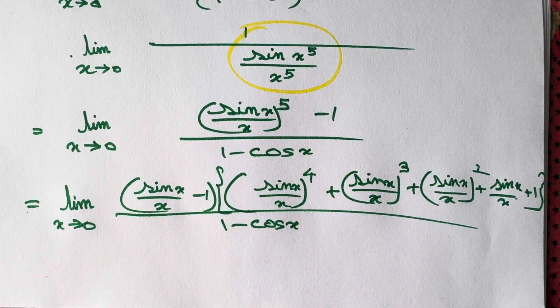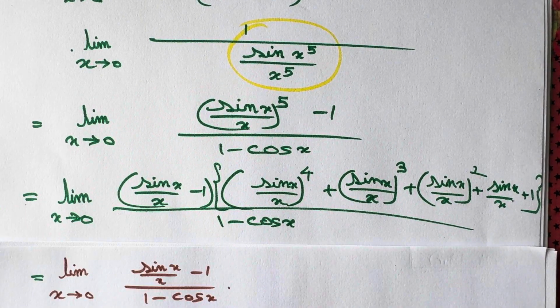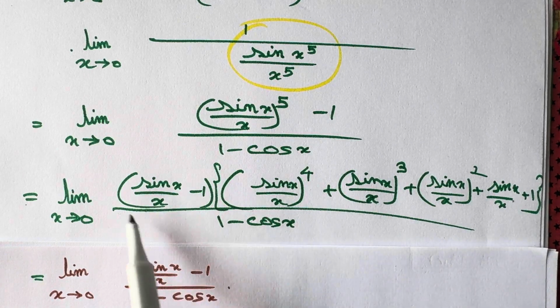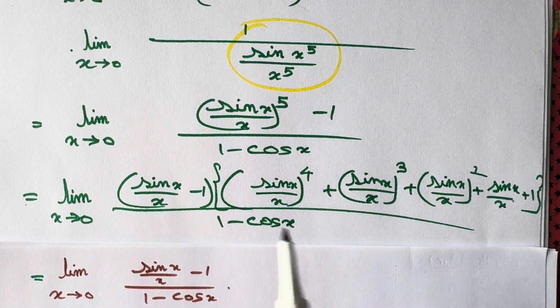Once again we apply limit of product equal to product of limit. We can evaluate this limit separately and this one separately.